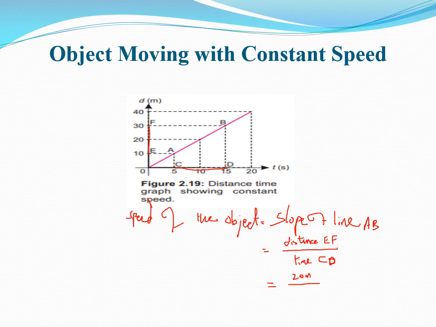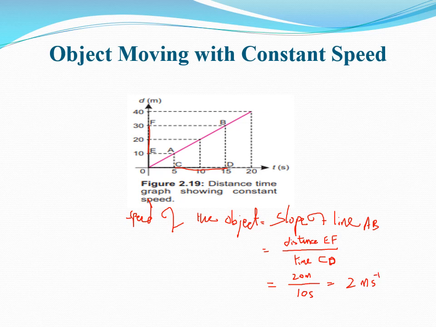Time goes from 5 seconds to 15 seconds, meaning 10 seconds are spent for 20 meters distance. If we divide 20 by 10, we get 2, and as it's a speed, the unit from this division is meter per second.